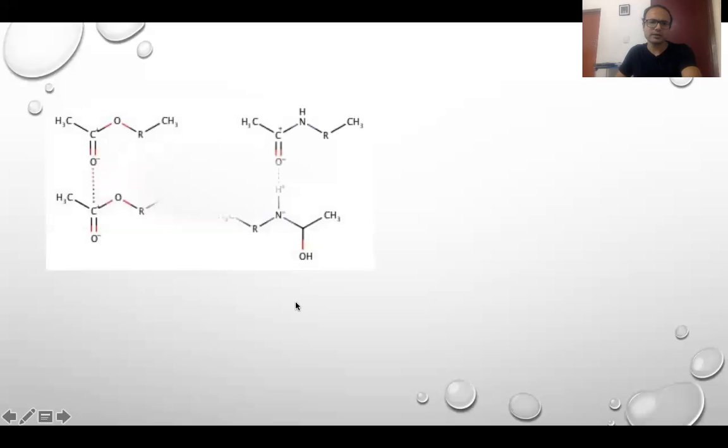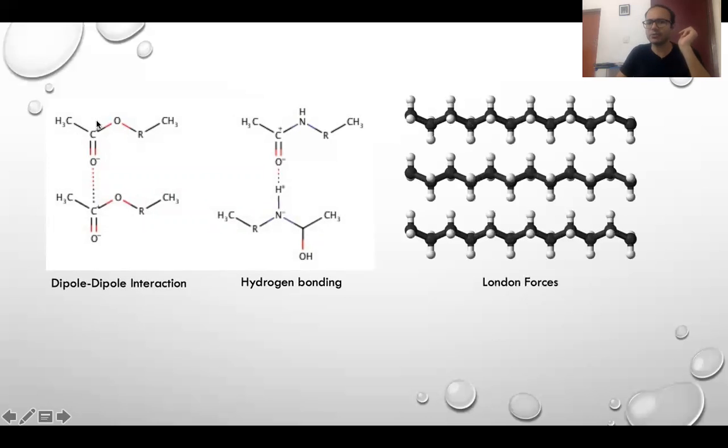So this is just to recap. If there are dipoles present in your polymer system, they can interact via dipole-dipole interaction. If you have NH species, they can form hydrogen bonding with the oxygenated carbonyl. Apart from that, if you do not have any charged species, but more non-polar moieties, they will lead to London forces.